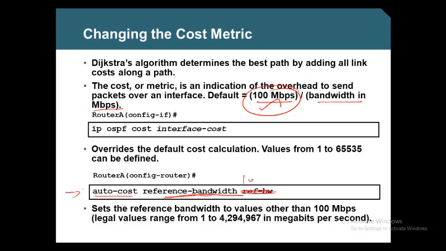I can say 10,000 also, so that this will become 10,000. All right. If you wish to change the default algorithm, which is used in calculating the cost, you may use this auto cost reference bandwidth command.